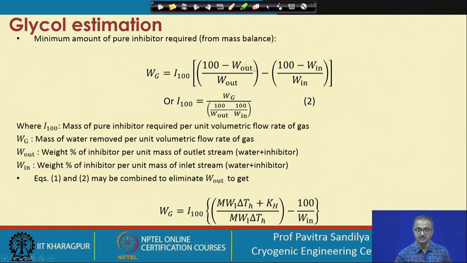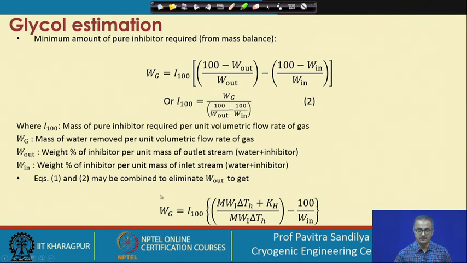And with this particular equation, this is a mass balance of how much water has been removed by the inhibitor. So, by this mass balance we get this equation, and in this equation if we replace this W out from the Hammerstedt equation we get this particular equation.